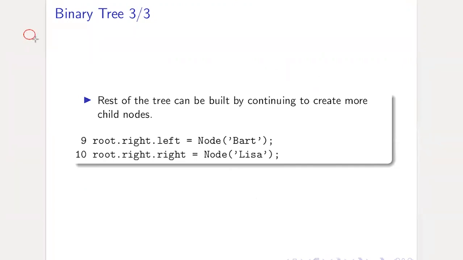I had the root, and from the root I had a left and a right, and from the right-hand side I have another left and right. This is how I have created my tree. This is the tree structure. I didn't create anything on the root dot left or right.